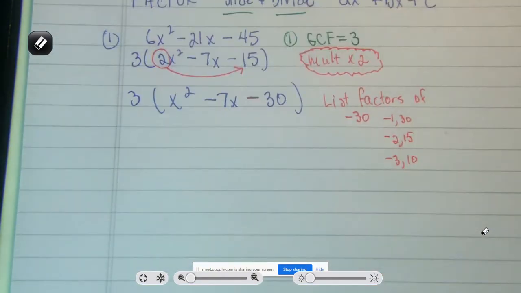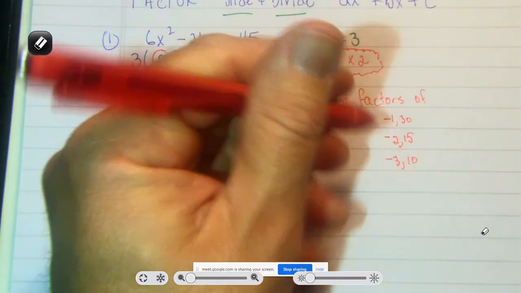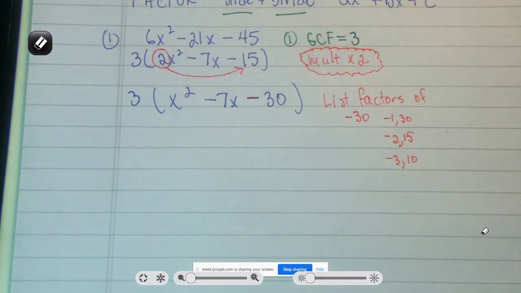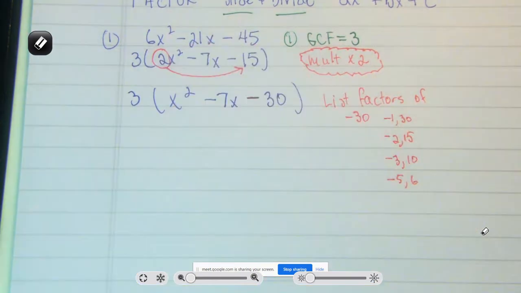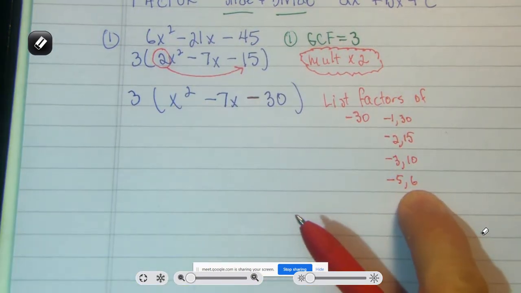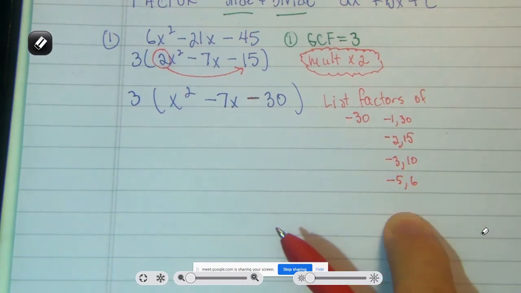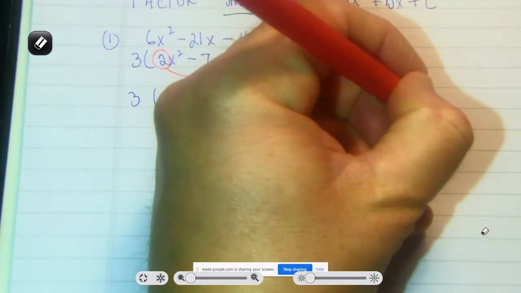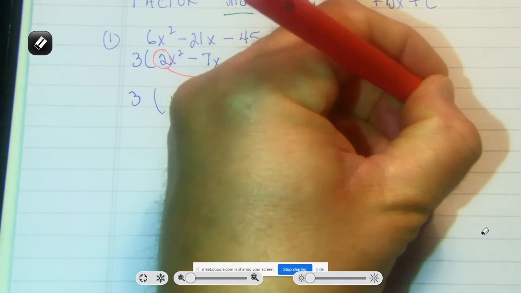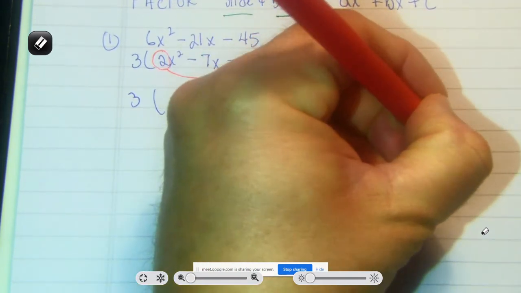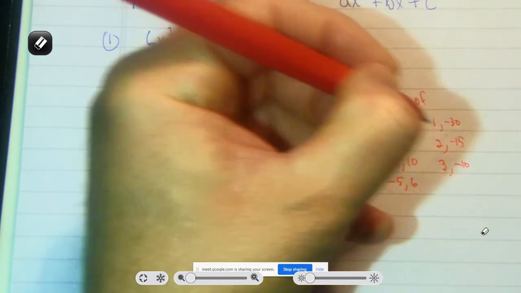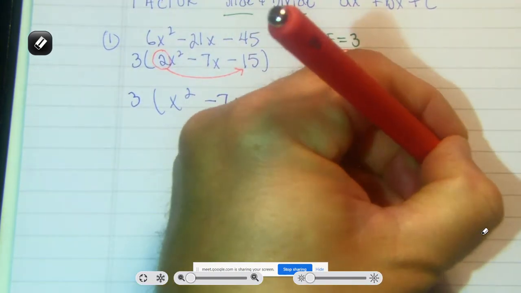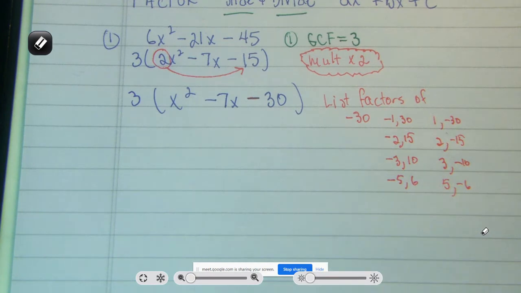Notice I'm getting the negatives and positives correct. Negative 4? Well, 30 divided by 4, no, it won't. Negative 5 times 6. And then the next one would be 6, so that's all the factors. The other side of that is a positive 1 times a negative 30, 2 times a negative 15, 3 times a negative 10, 5 times a negative 6, okay? So I've got all my factors listed.